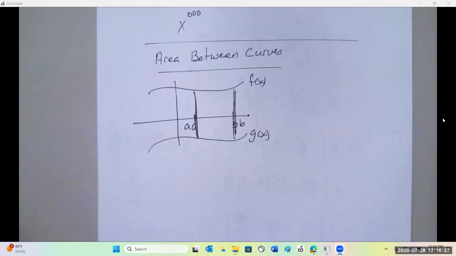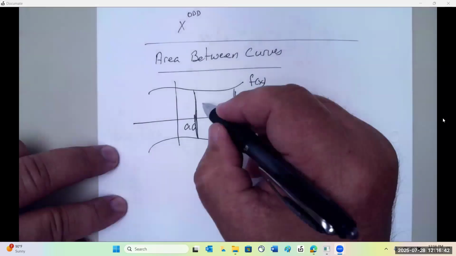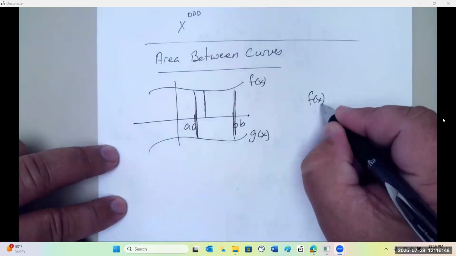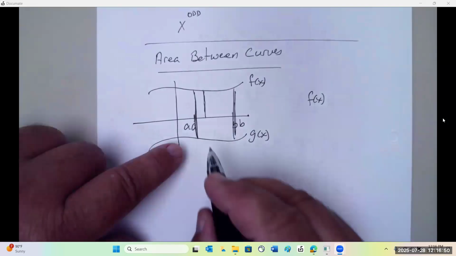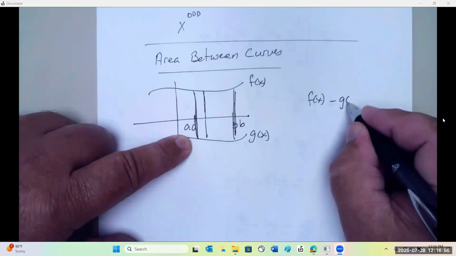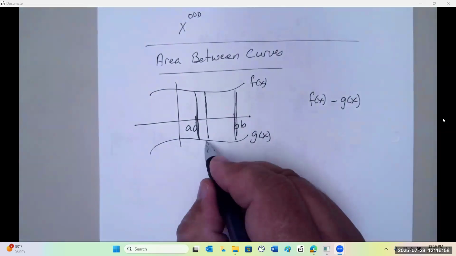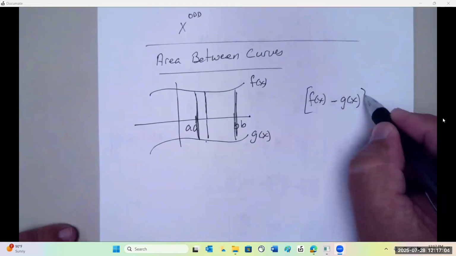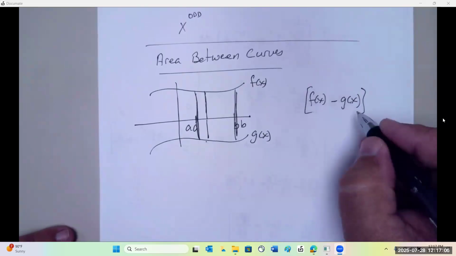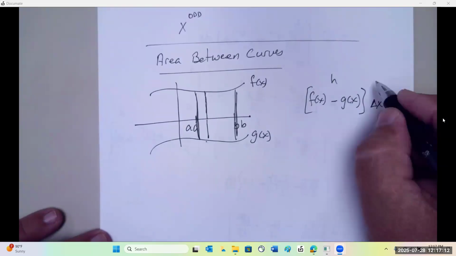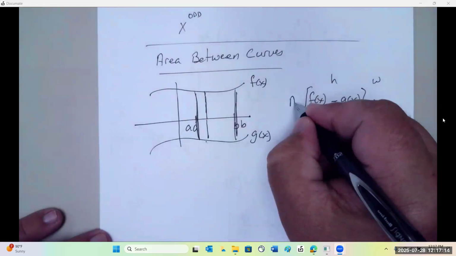How do we know the distance between these two curves? Well, we know the distance from f of x to the x-axis is f of x. And we have to add it to this one. Since this one's below the x-axis, it's going to have a negative area. So if we have a negative minus, it becomes a positive. That's the height of our rectangle, and we still have delta x. This is going to be our area.